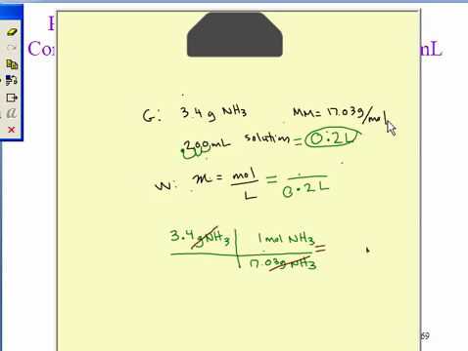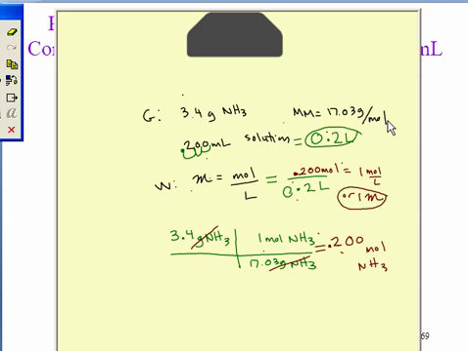The units that we end up with are moles of ammonia. And my calculator, rounded to 3 sig figs, is 0.200 moles of ammonia. So we go up here, 0.200 moles divided by 0.2 is going to be 1 mole per liter, or 1 molar.